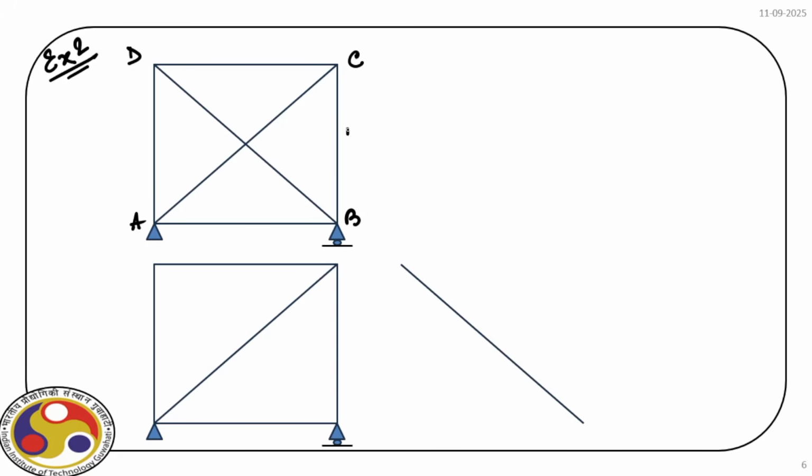And the length of the sides are L and L. And we have two forces at the point D. One is horizontal of magnitude P and another one is vertical.